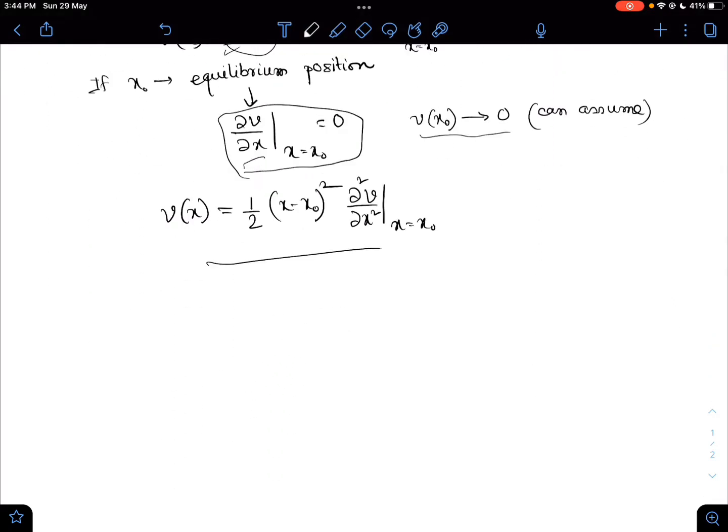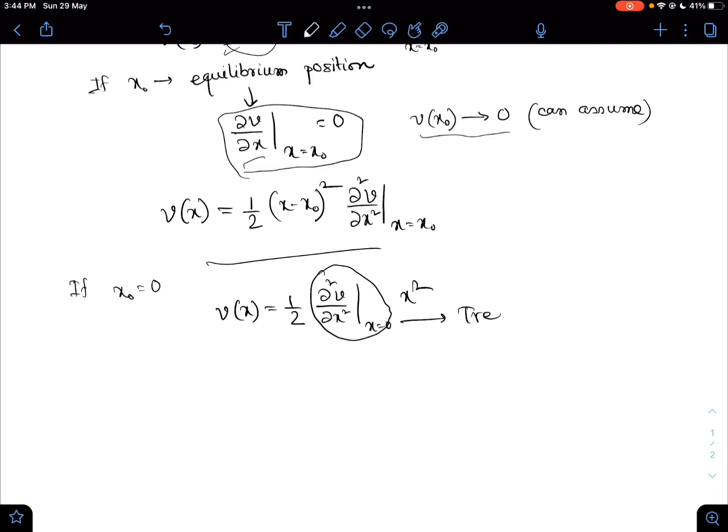Now if we assume x0 is the 0 point, that is, we consider our equilibrium point at the origin, then the potential has the form half del 2V del x squared at x equal to 0 times x squared. So we can treat this as our spring constant.